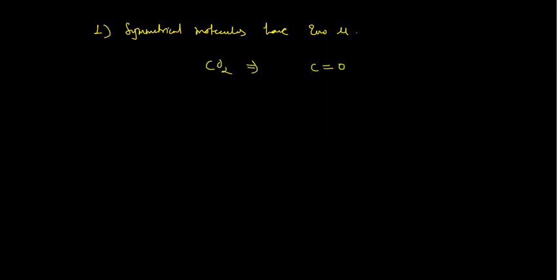For example, if you have carbon dioxide, CO2, how can you write it? Carbon double bond oxygen, carbon double bond oxygen, and the dipole will go in the opposite direction. Of course, the resultant mu would be zero. The same is true for carbon disulfide, another solvent, CS2.